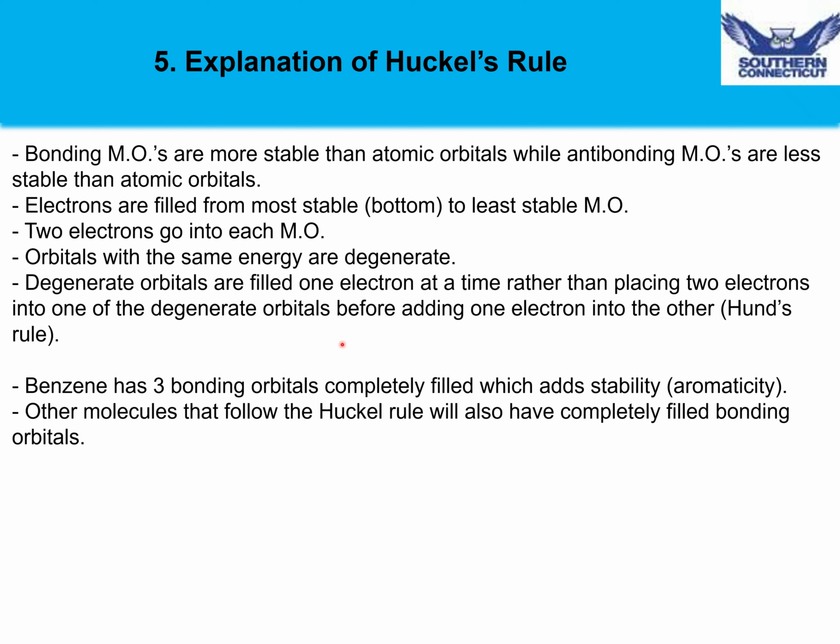And so since these molecular orbitals are lower in energy than the original atomic orbitals, benzene is more stable due to these filled bonding molecular orbitals. In other aromatic compounds, we're going to find the same situation where all of the bonding molecular orbitals will be filled.